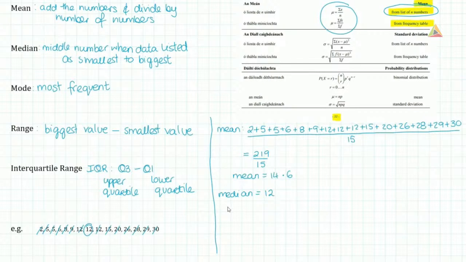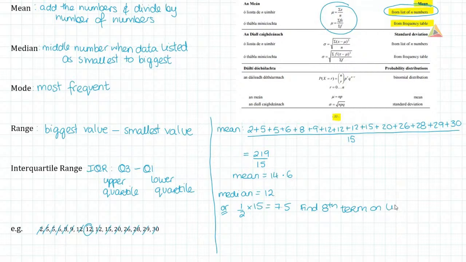Okay. Another way that we can do that is we can take the number of numbers. In this case, we have 15 numbers and we can multiply it by a half. When we multiply 15 by a half, we find 7.5, which means that we're going to find the 8th term on the list. If I get a decimal here, so 0.5, I'm going to round up and find the next term.